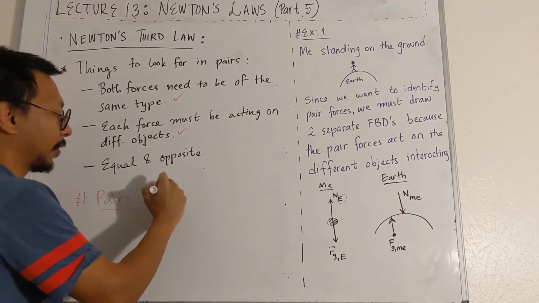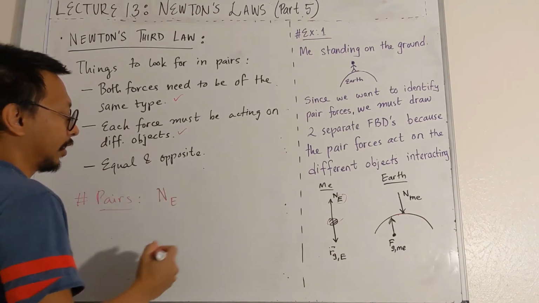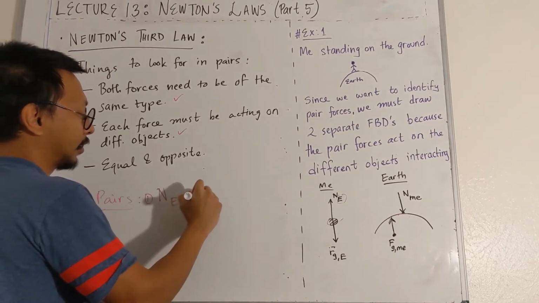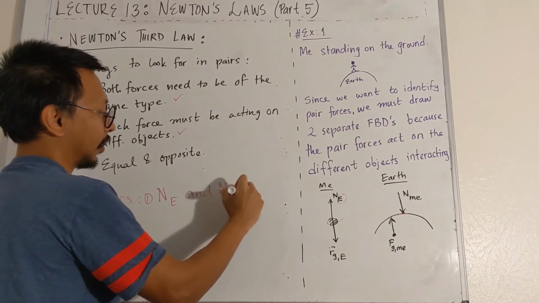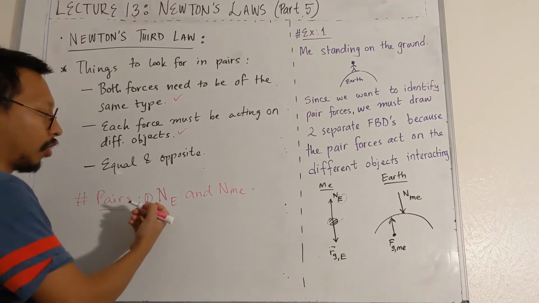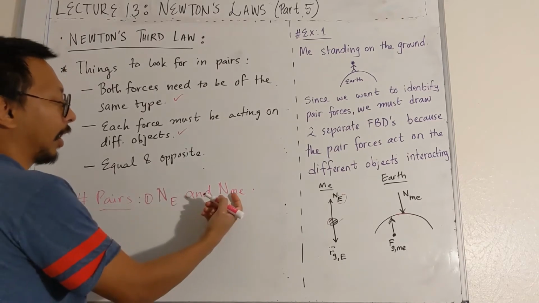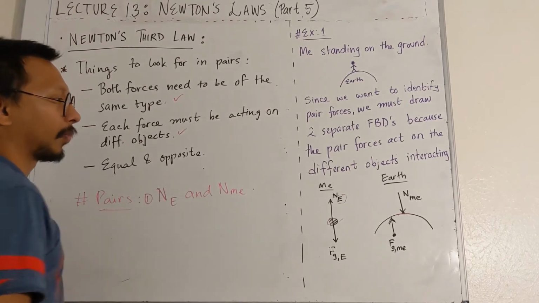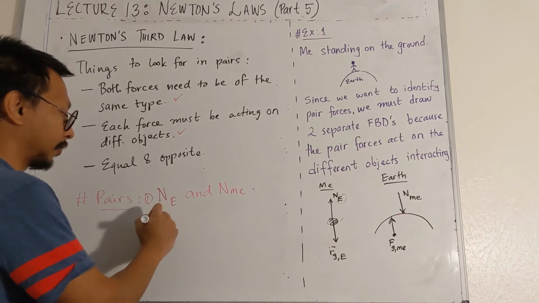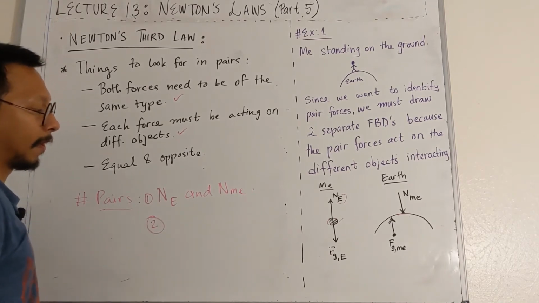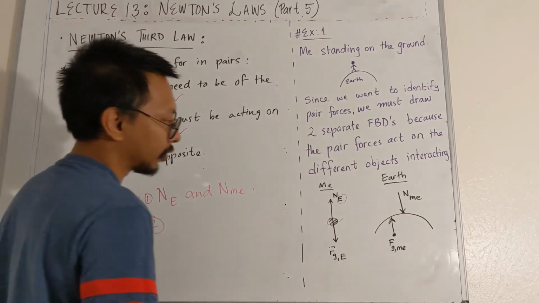So one of the pairs is N by E on me and N by me on E. So the normal forces, one by Earth on me and one on Earth by me, are both pair forces. Third law pairs.